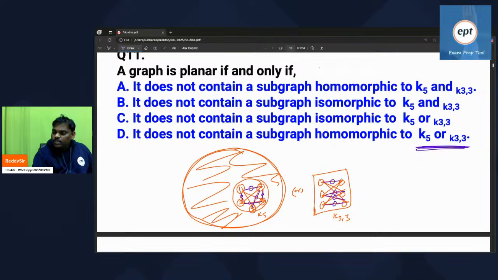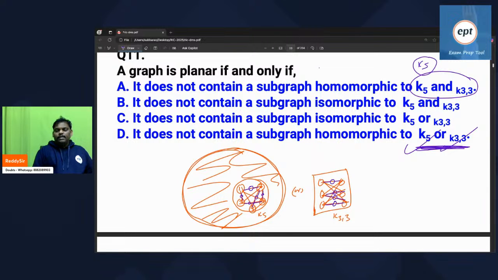Indirectly, you want to say that if only one is there, it's okay. He is saying that one is there, no problem. But our operator is saying that even one is not allowed. Try to understand carefully. It does not contain a subgraph homomorphic to K5 or K33.